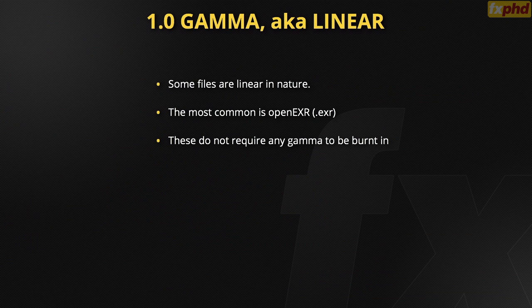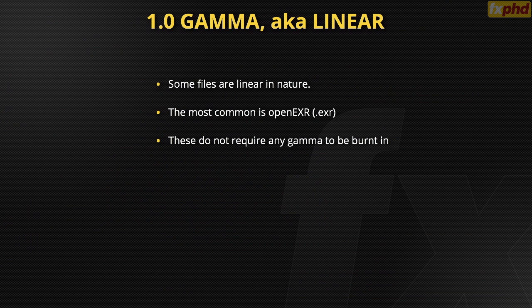And that's why it's very important that everything is linearized. So what tends to happen is you have a file that is, say, a JPEG file that you're going to bring in to Maya. And what Maya needs to do is it needs to convert that file from an sRGB gamma or a 2.2 gamma back to linear.